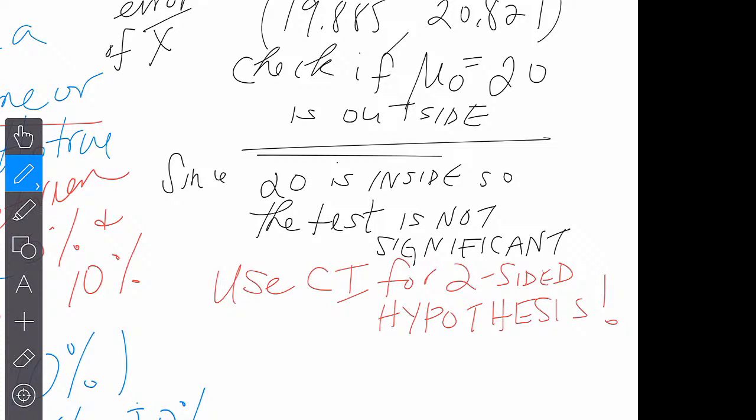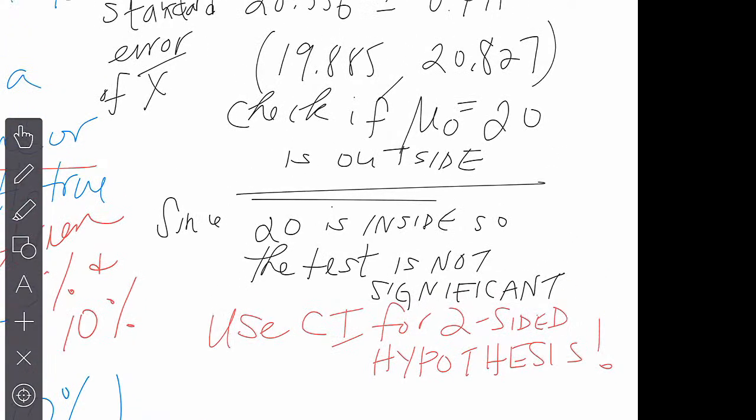So you got the same result if you do it this way with the interval, or if you do it the long way. The only way I was able to do it easier in the corner of a page here was because it was a two-sided test.